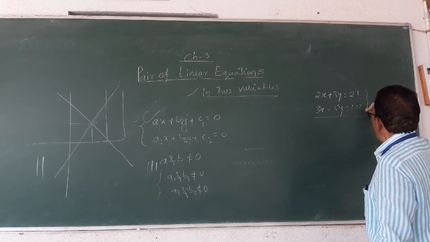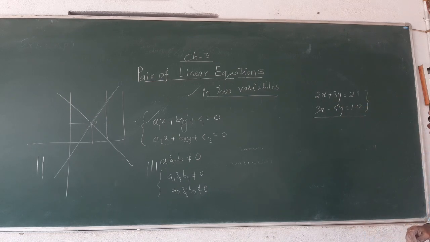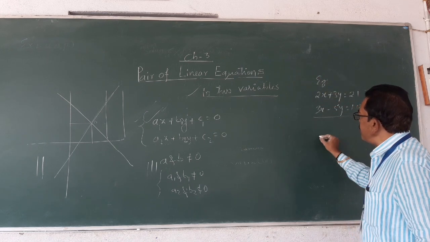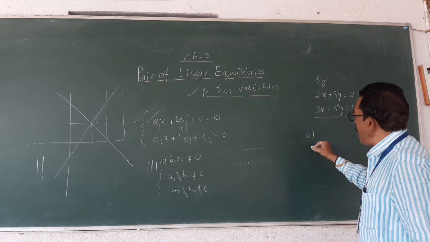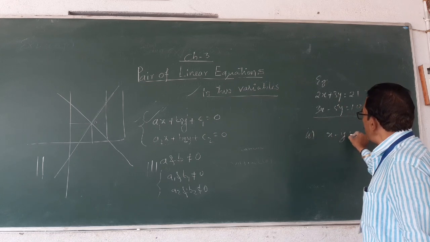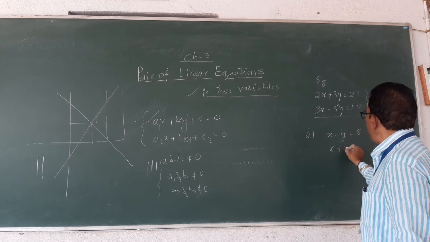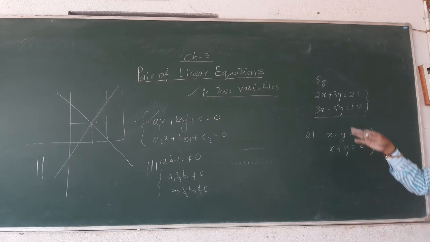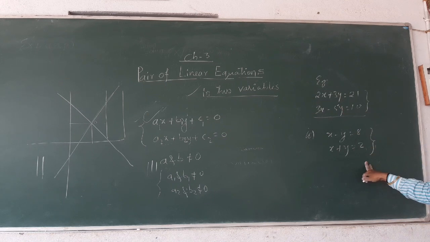This is also one of the pairs of linear equations in two variables. In a very simple way, you can write the example as x minus y equals 8, x plus y equals 2. This is also a very simple pair of linear equations.